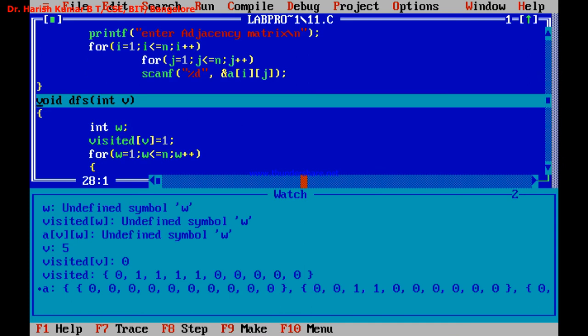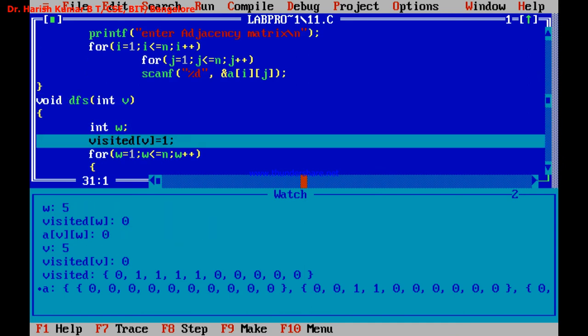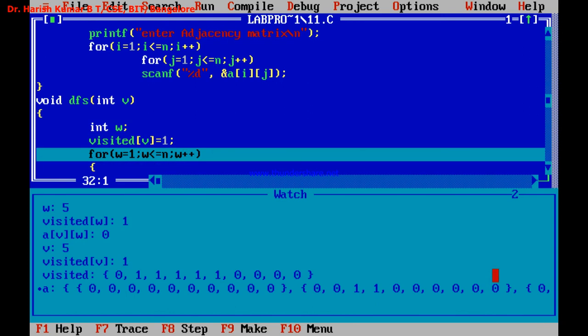Now v value is how much? 5. So now I go for marking the fifth node as visited. Now for w is equal to 1, w less than or equal to 5. What is this? w value is 5. 5 is less than or equal to 5. The condition is true.